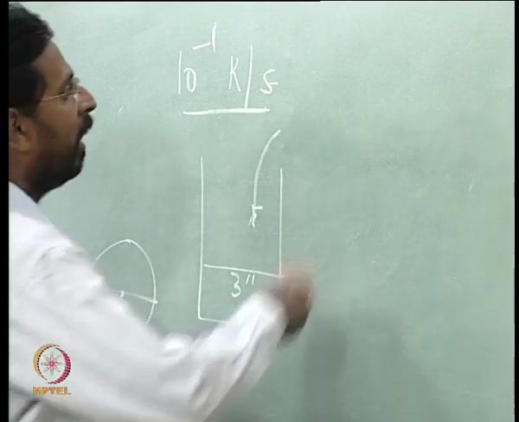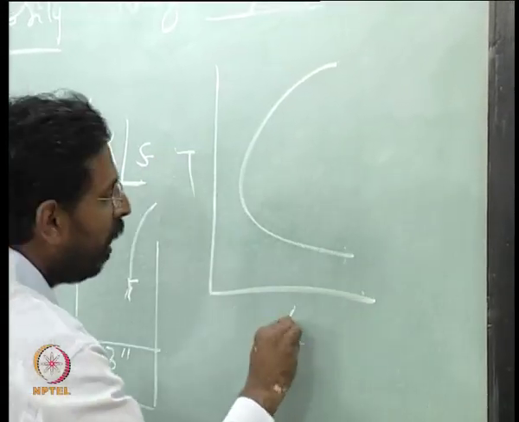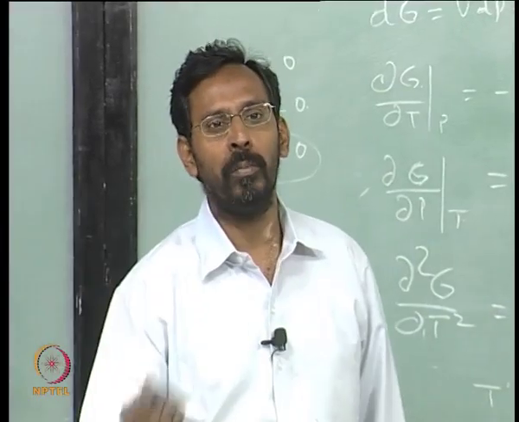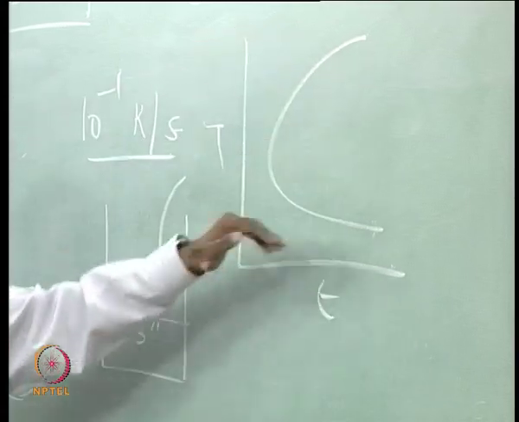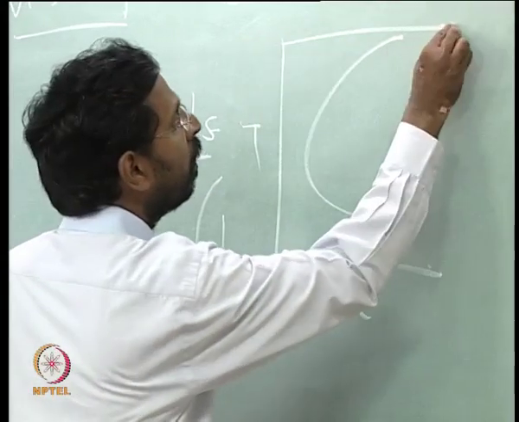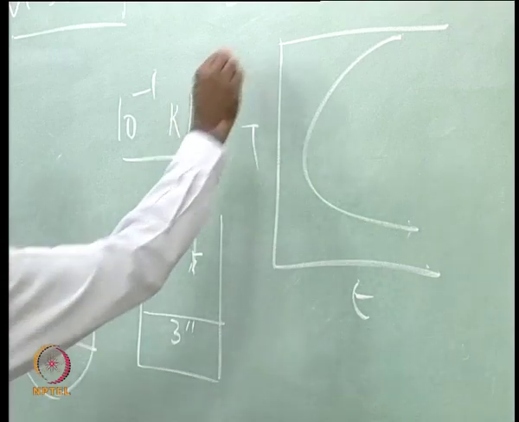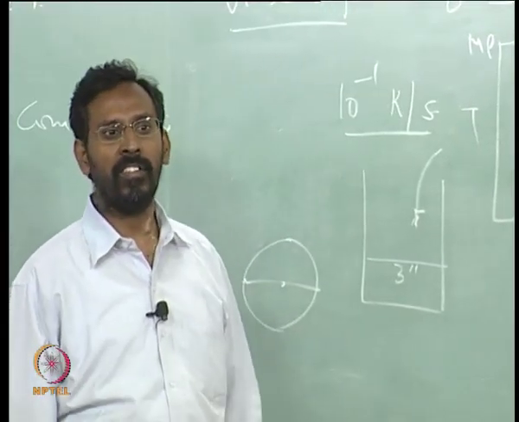For understanding that, I can draw a TTT diagram for a liquid to solid, the way you draw a TTT diagram for the austenite to pearlite transformation. There, what was the temperature that we put? That is your A1 temperature. Here we will put the melting point.